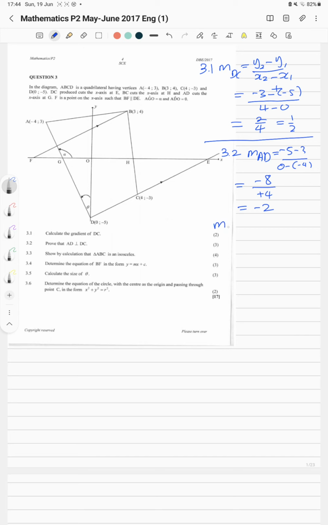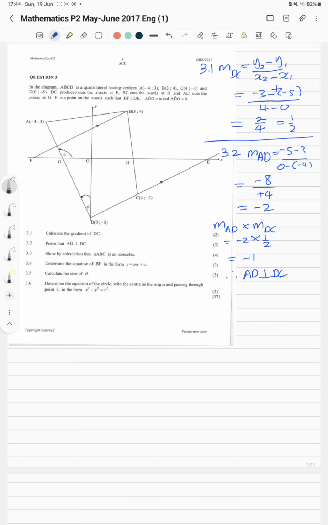Now, to test whether they're perpendicular or not, M of AD times the gradient of DC will be equal to minus 2 times half from 3.1. That equals minus 1. It is minus 1. So therefore, AD is perpendicular to DC.